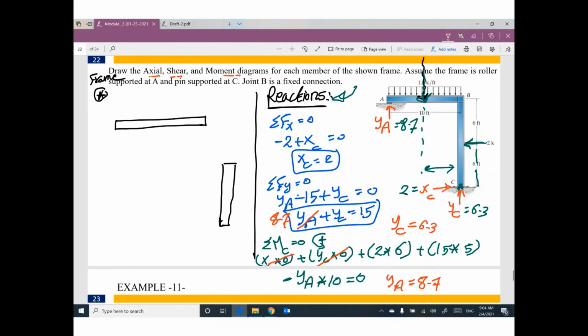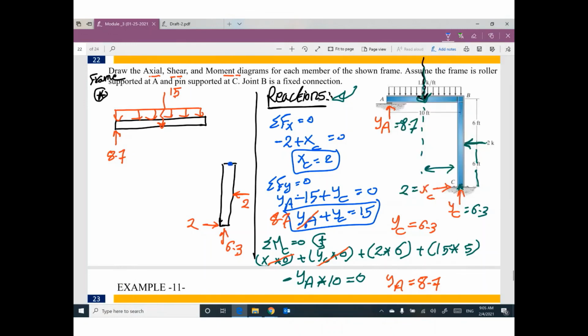Previously, you have this reaction 2, this reaction 6.3, and this applied load 2. And you have this reaction 8.7 and this uniform distributed load with equivalent value 15.